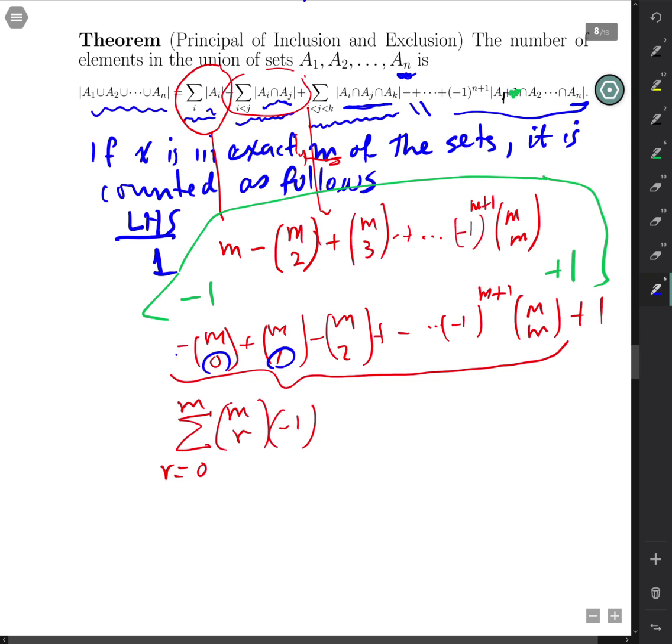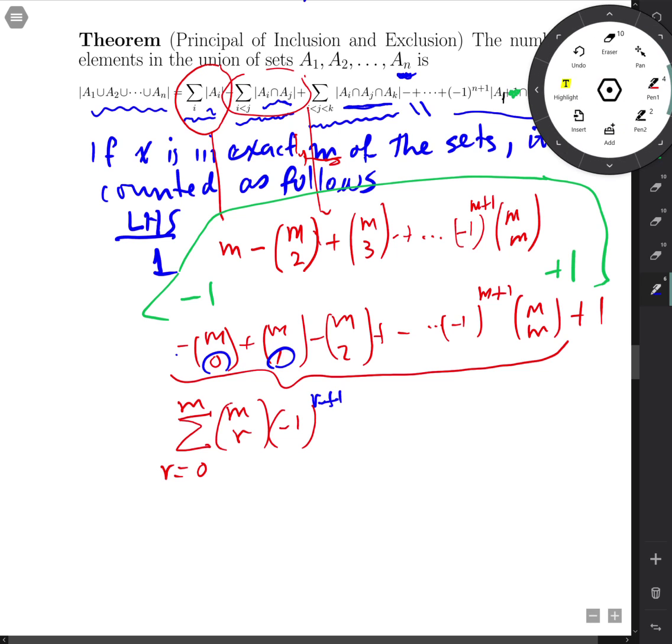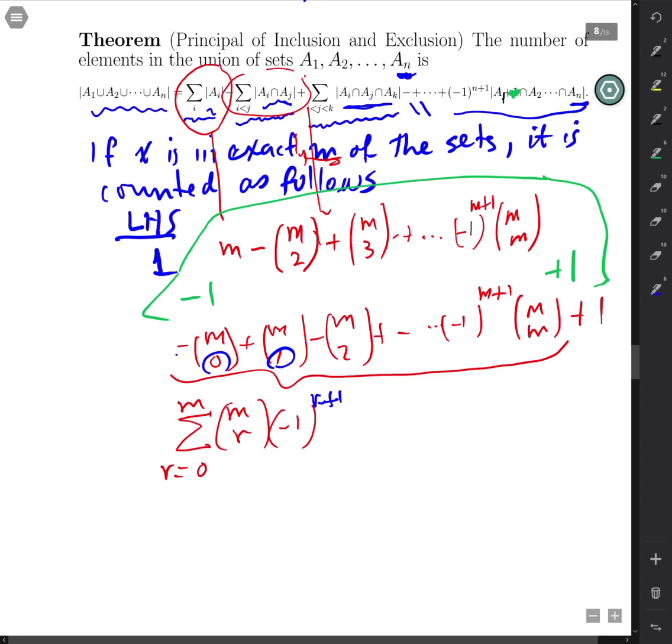When it's odd, I get a plus. So it's minus 1 to the r plus 1, like so. Plus, sorry, I went back to the blue there. That's okay. Let's go back to the red. And then I have the plus 1 on the end. That plus 1 right there. This guy right here, if I pull a minus 1 out, is equal to minus the summation of m choose r, minus 1 to the r plus 1, r goes from 0 to m.